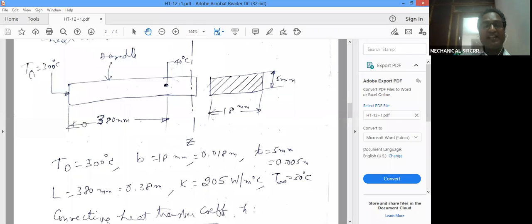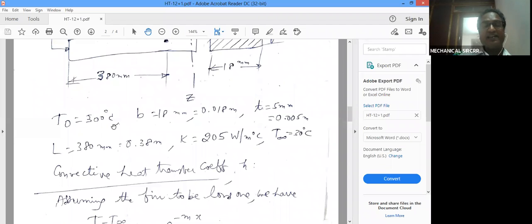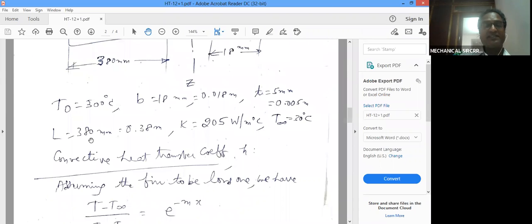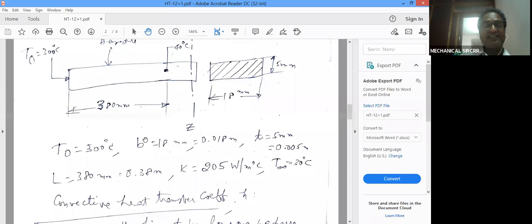So T0 is 300 degrees centigrade, width 18 mm, that is 0.018 meters, thickness of the fin 5 mm, that is 0.005 meters, length of the fin L 380 mm, that is 0.38 meters.